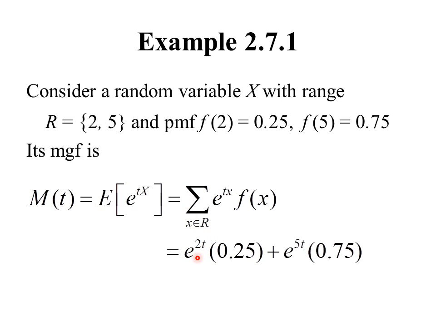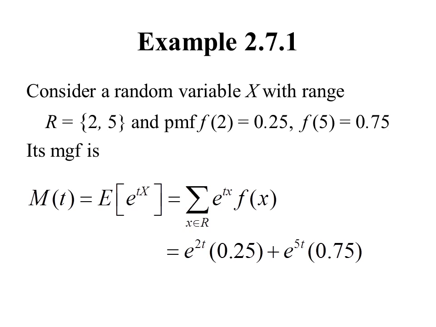So that means we plug in each value of x into the function, take it times the associated probability. So plug in the first value 2 for x, take it times the probability of 0.25, and then we plug in 5 for x, take it times the probability of 0.75, and that's it. That's all there is to calculating the moment generating function.